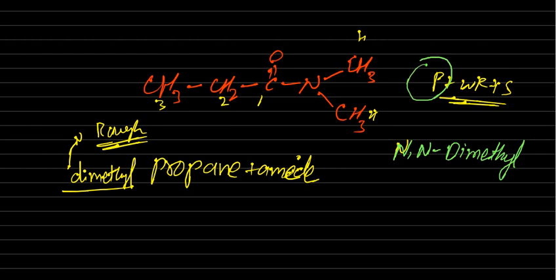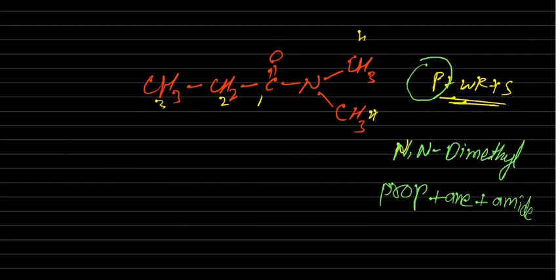Next the word root. What is the long chain here? Prop. Then what is the functional group? Amide. Single bonds are there, that's why an. Now just you join all these.